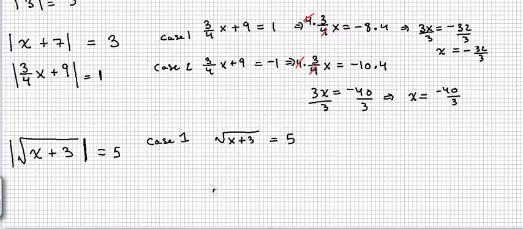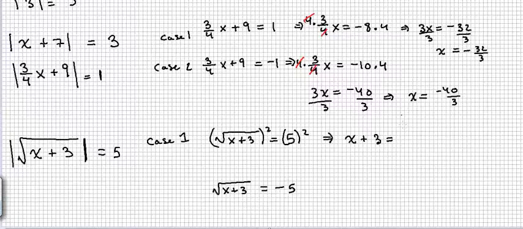And the other one is where the square root of x plus 3 is equal to negative 5. We're going to remember to get rid of a square root, we square both sides. That's going to give us x plus 3 is equal to 25. This one, we also have to square both sides.